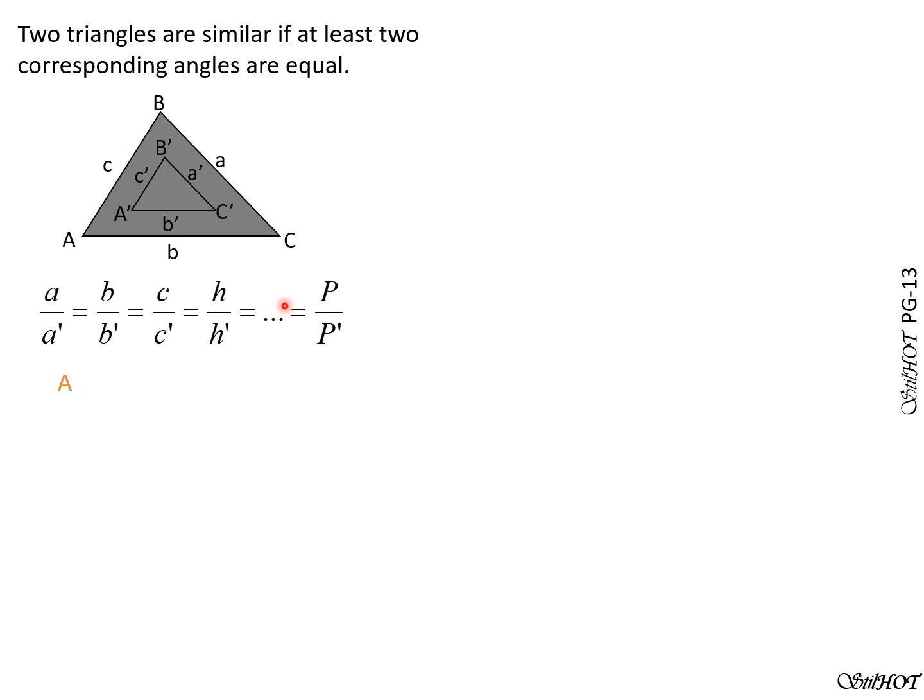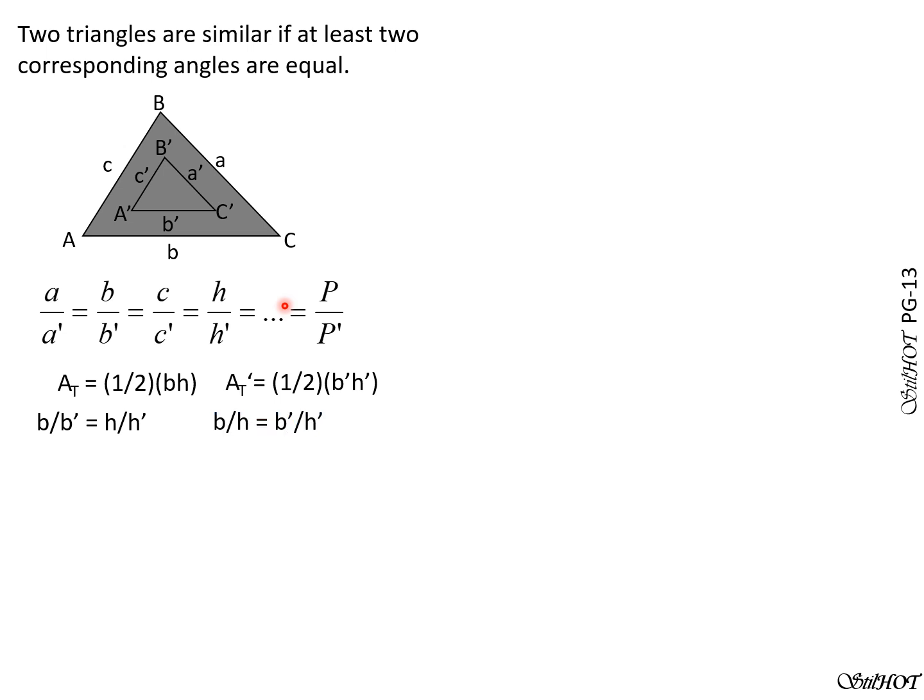So the area of a triangle is 1/2 base times height. Area of the inner triangle prime is 1/2 B prime H prime. So equating the two, we can form B over B prime equals H over H prime, and B over H is equal to B prime over H prime also.